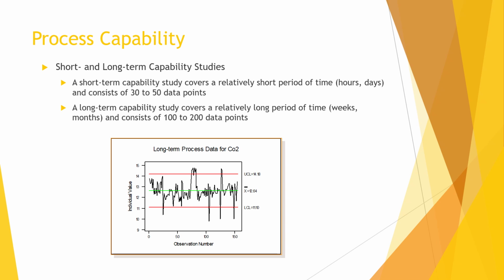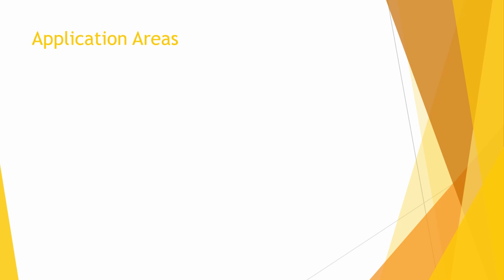A long-term capability study covers a relatively long period of time, weeks, months, and consists of 100 to 200 data points. Long-term process data for company 2, individual value, and then we have the observation value. So this one had about 200 or so data points.